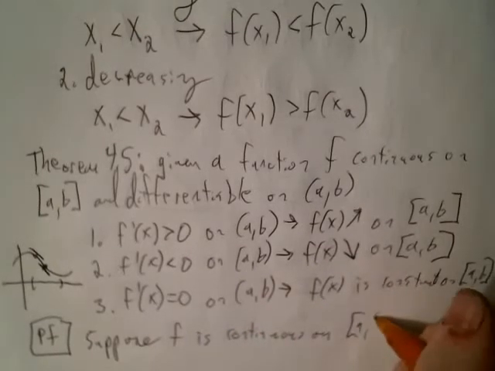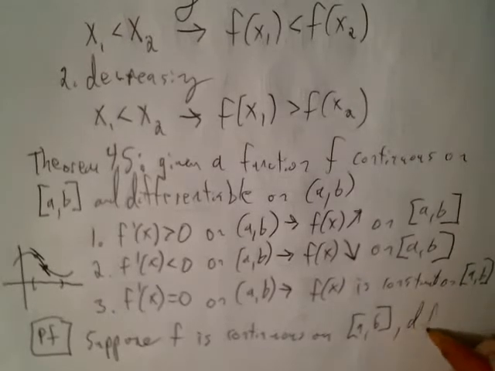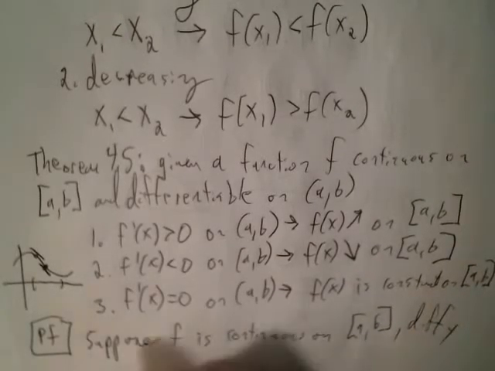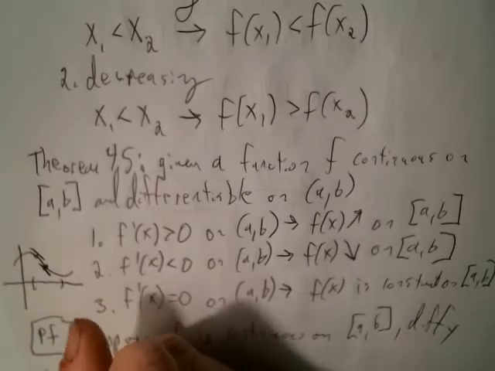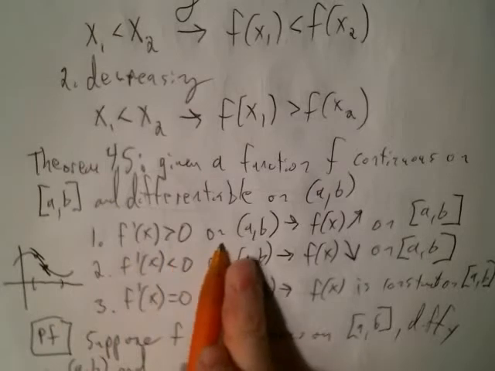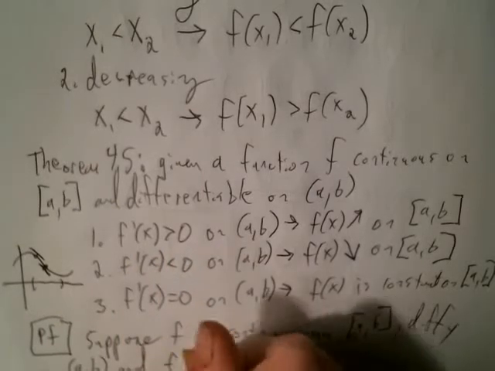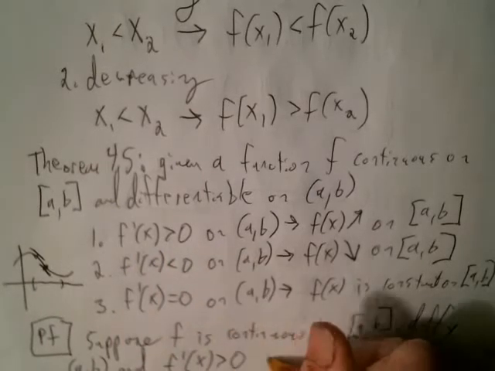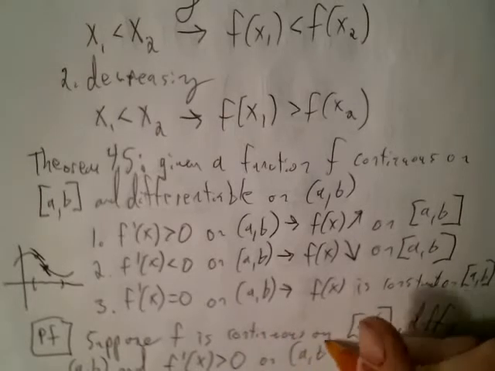So suppose f is continuous on a to b, differentiable, I'll just write diffy, on the open interval from a to b, and f prime of x is greater than 0 on a to b.